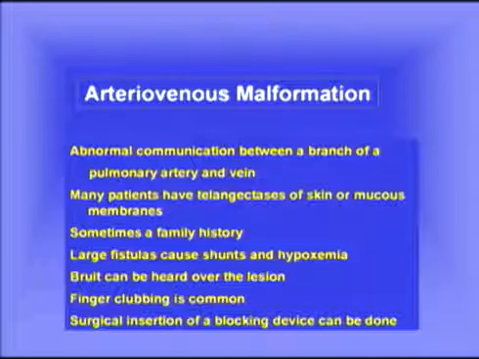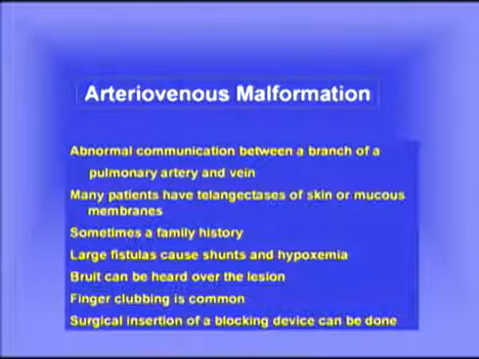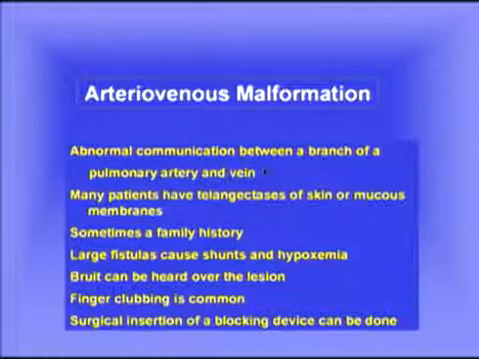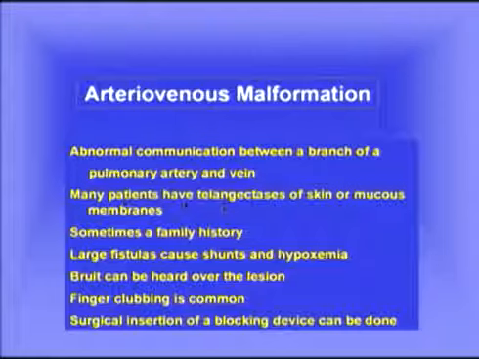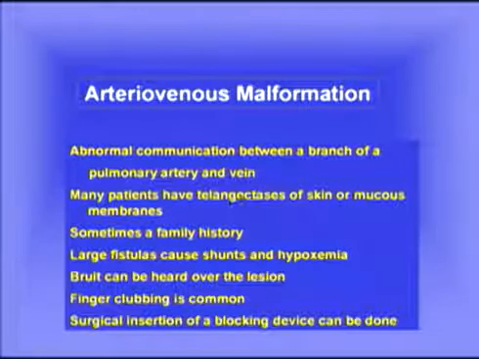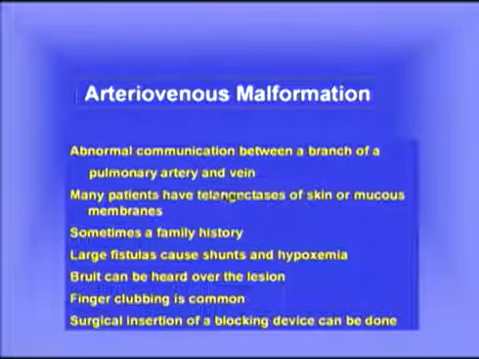But that's not so important. Finally, a word or two about arteriovenous malformation. This is an abnormal communication between a branch of a pulmonary artery and a vein. It's something you're born with, and many of the patients have other evidence of vascular abnormalities, telangiectasias of the skin or mucous membranes.